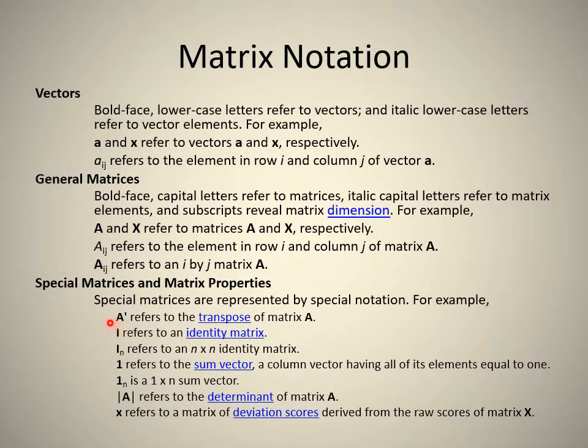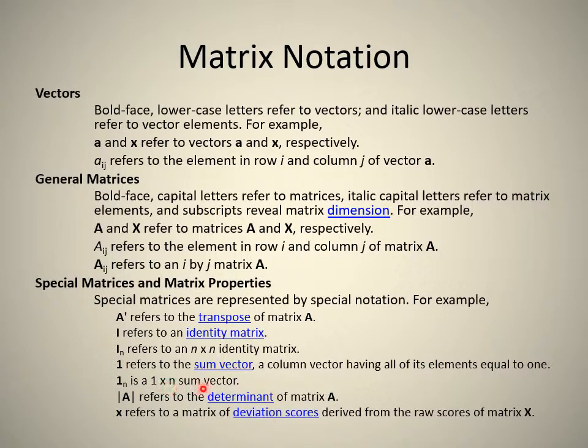A transpose is denoted with a little stripe as a superscript. I we have mentioned as the identity matrix, and an I with a little subscript will denote the size or the order of an identity matrix. So I with a little 6 at the bottom means a 6 by 6 matrix.